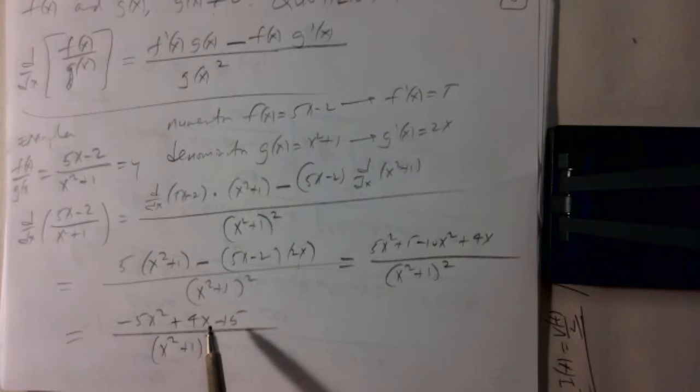Oops, did I do something wrong? Minus 5x squared plus, no, looks good. That's what it is. Okay. So this is our first example of the quotient rule. And it takes a little bit of calculation to compute these derivatives, but not too much.